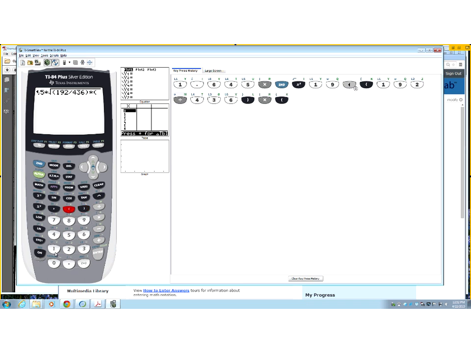And then I multiplied by my q hat. And remember, q hat from the first group was 1 minus 192 over 436. So what you see on your screen right now, that's your q hat for your first group. It's 1 minus p hat.